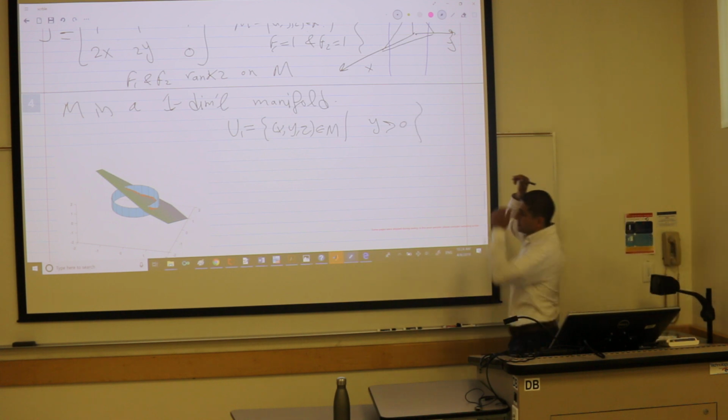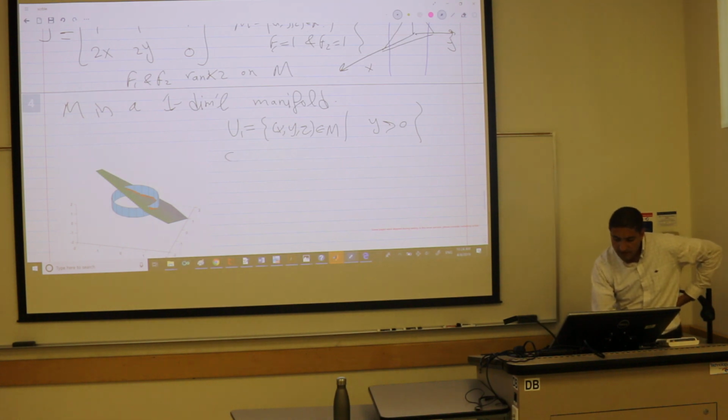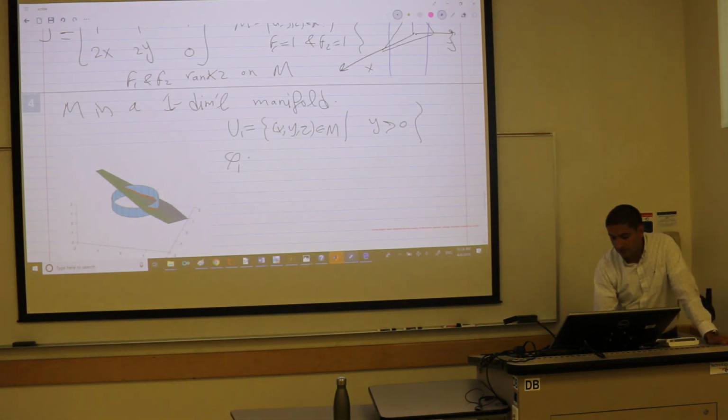Let's take this open set. So I need a projection from x, y, z. You need to project and give me something. So phi is a map from U1 to what? This is R, right?